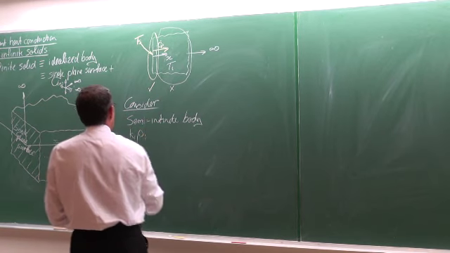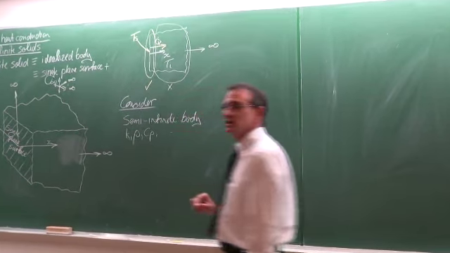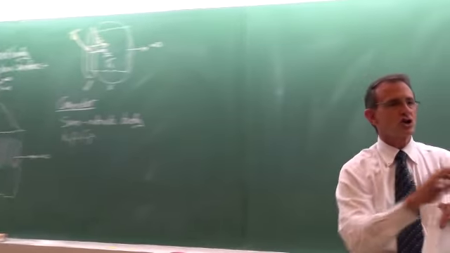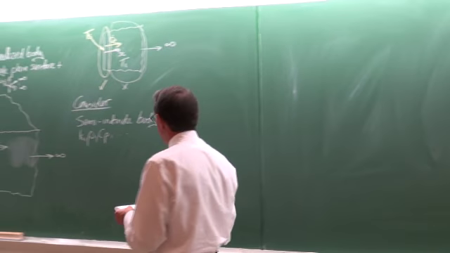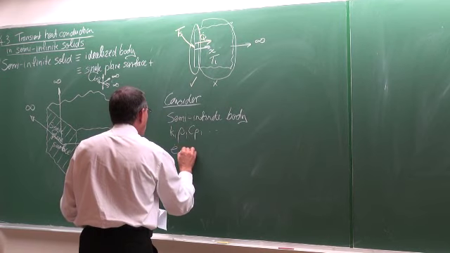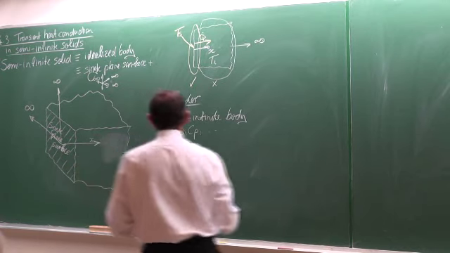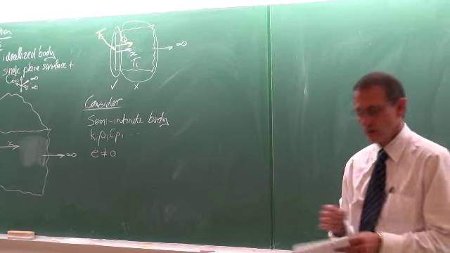So the k, the rho, the Cp, and all those things that we normally use of the body are constant. It is not changing. And we say there's no internal heat generation in the body.